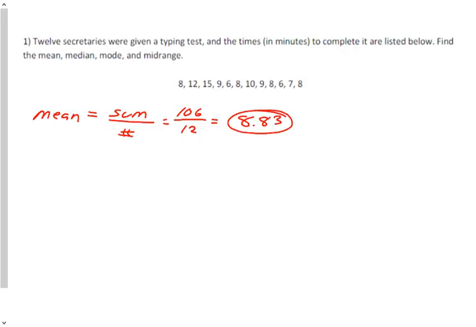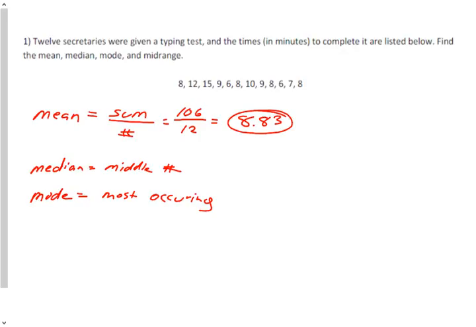Okay, the median and the mode are a little different. The median is the middle number. But we have to remember that the median is the middle number when they are put in order. The mode is the most occurring.